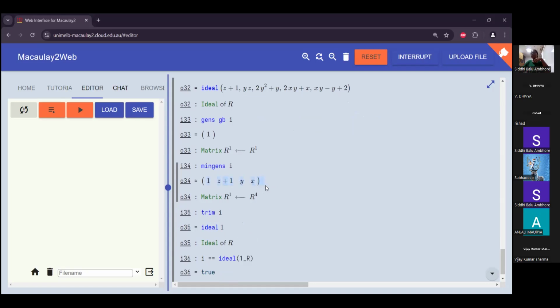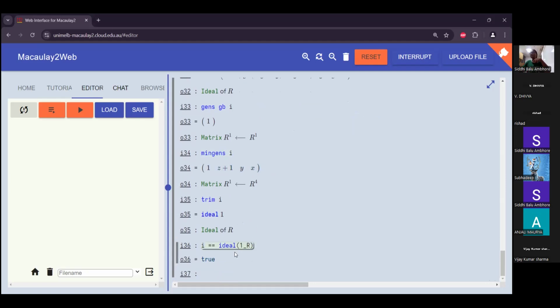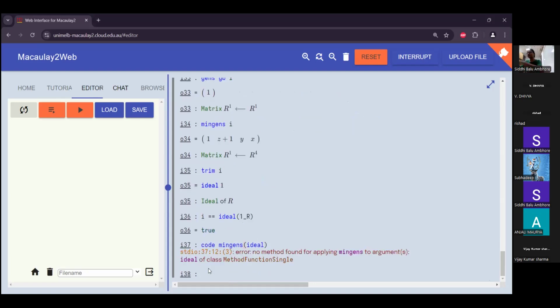So this is strange. I don't know why. So there is something called this code mingens. I guess you have to do something like this. Ideal. I don't know. Okay.